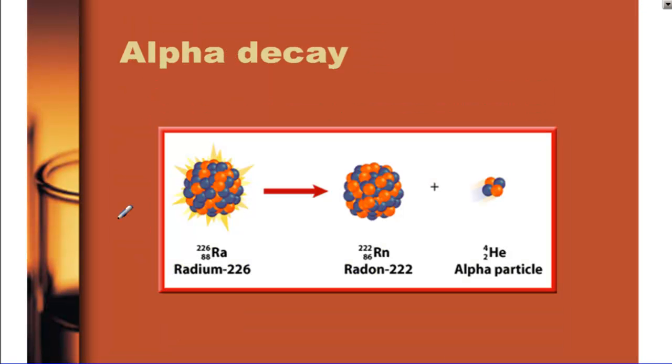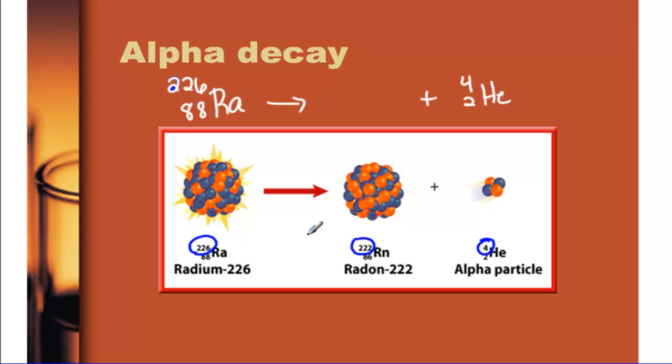Now, alpha decay is where a radioactive nucleus emits an alpha particle. So what happens is you start with radium-226, and I'm going to put the alpha particle over here. What needs to happen here is that your numbers need to add up.